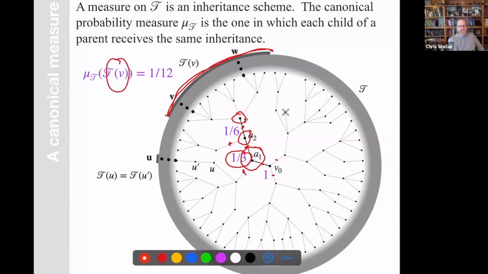And so this gives me a measure on my tree T. I should say that in the case that your tree just happened to be the complete 5-nary tree, this would be the Haar measure on Z_5. So this is the classic generalization. You could generalize this to other measures with different inheritance schemes. Maybe you wanted the first child always to get more than subsequent children. One could cook something up like that and come up with a very similar system.